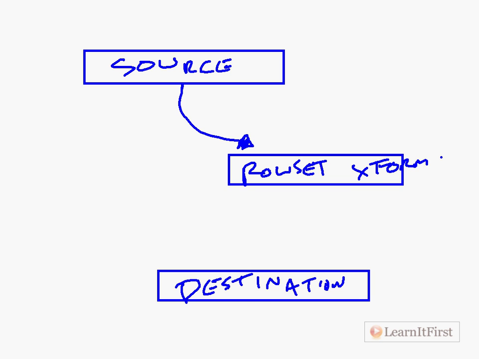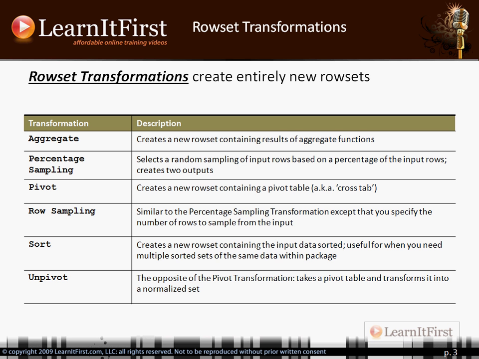And so now you have the choice between, do I send row set 1 to the destination, or do I send the original source to the destination? So now it's your choice. Which of the row sets do you want to send? You are creating a new data set, a new row set, and you're passing that then to either a destination or another transformation or some other terminator of some type.